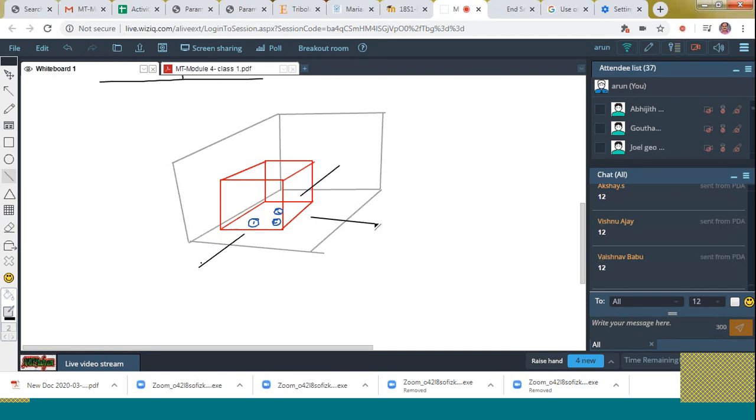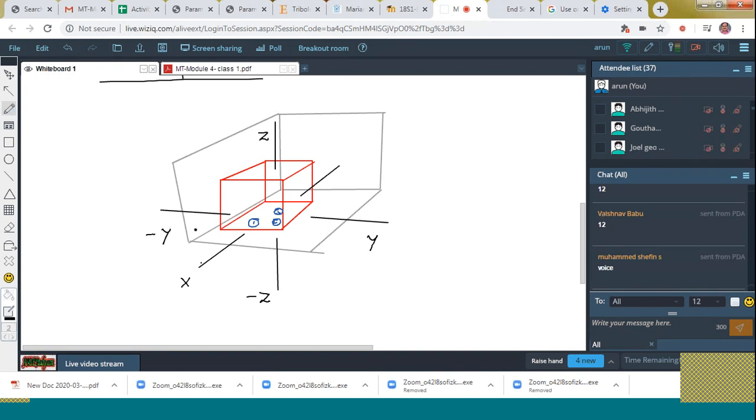This is positive y, this is negative y, this is positive z, this is negative z. X, y, z, minus z, minus y, minus x.